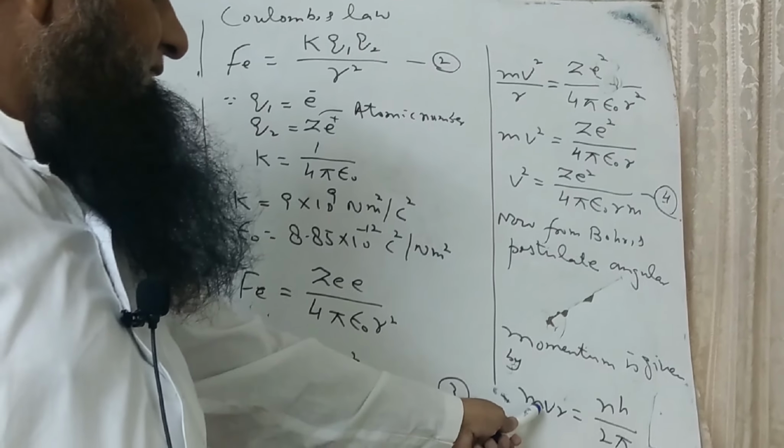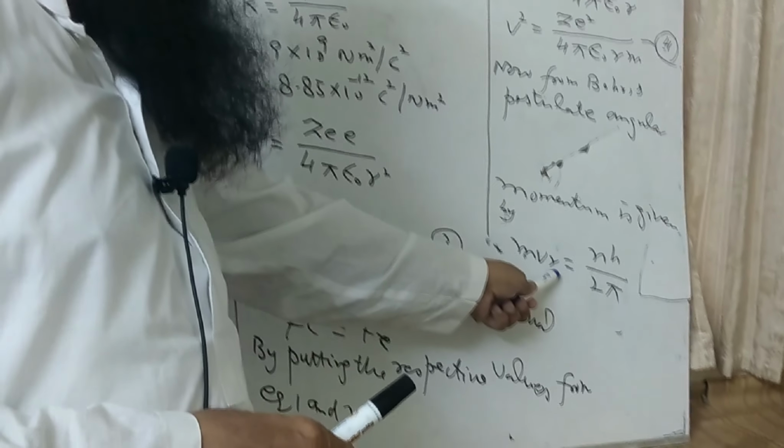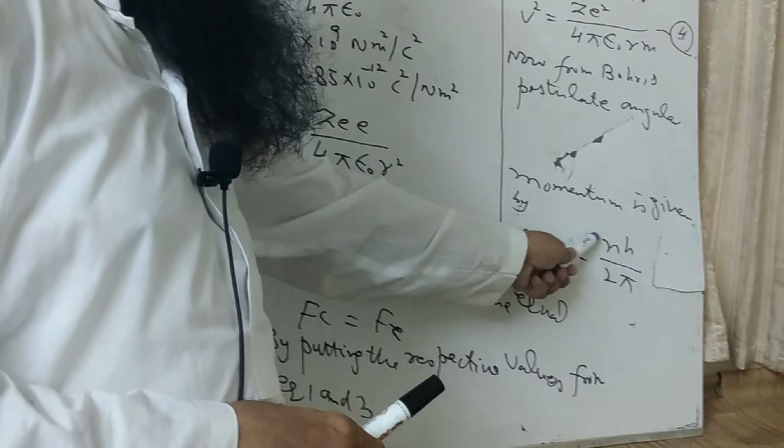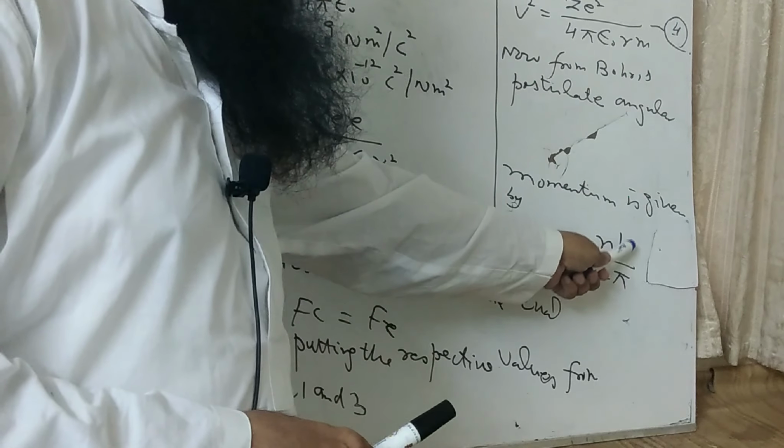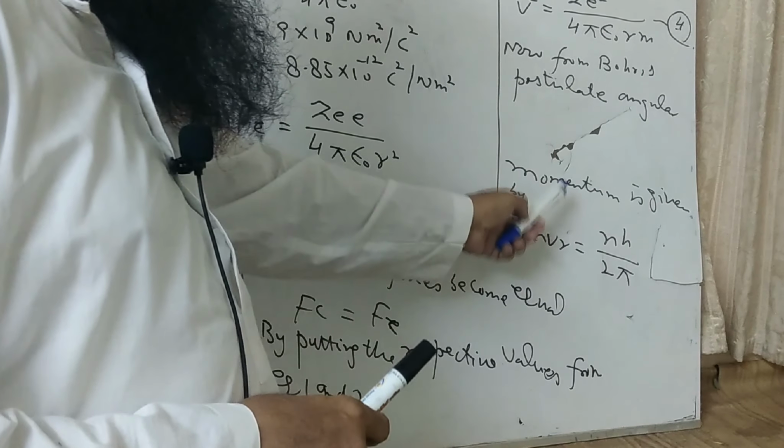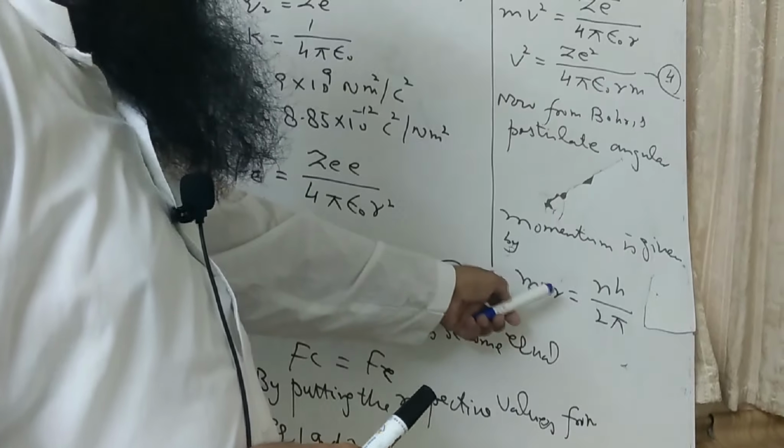In this case, m is the mass, v is the velocity, r is the radius, n is the principal quantum number, and h is the Planck constant. So this is given by the Bohr model.